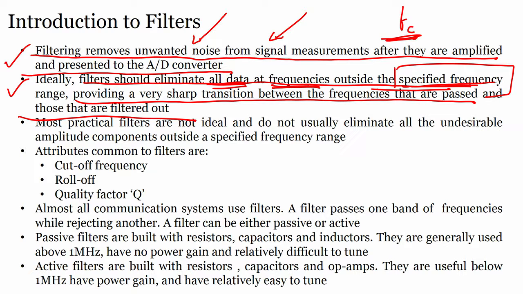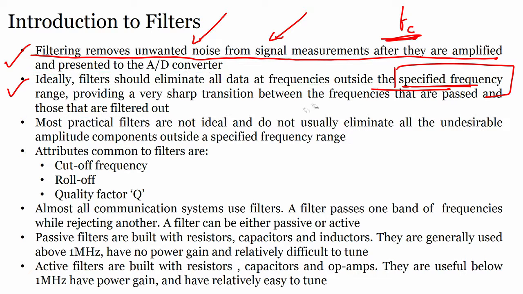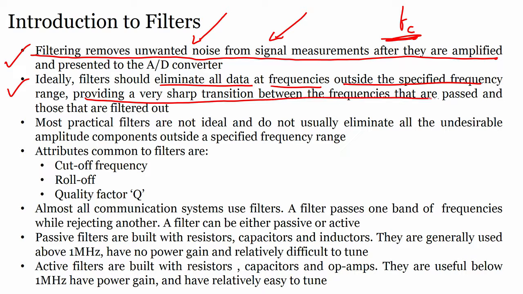So, the point is that filters are nothing but circuits that help to remove the unwanted noise from the signal. Second, ideally a filter should eliminate all the data at frequencies outside the specific frequency, providing a very sharp transition between the frequencies that are passed and those that are filtered out.